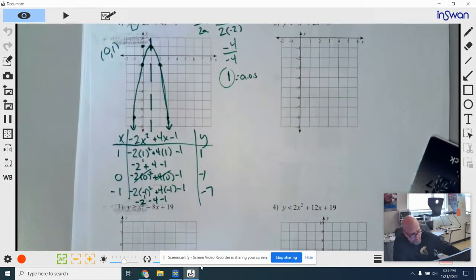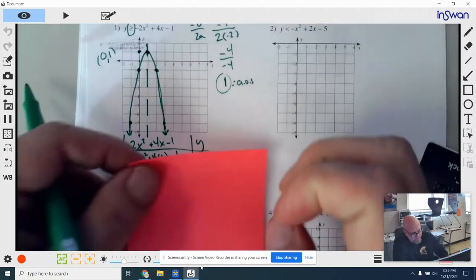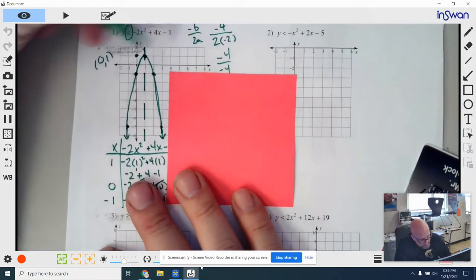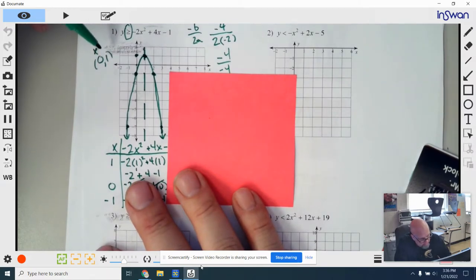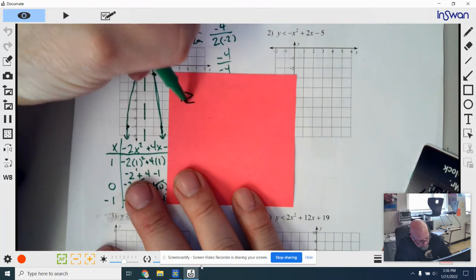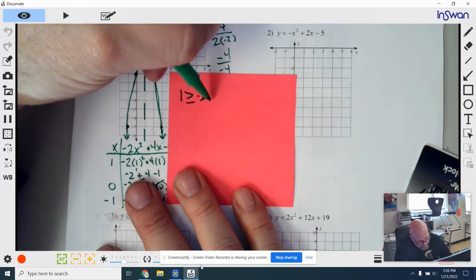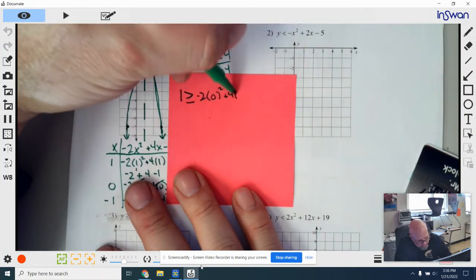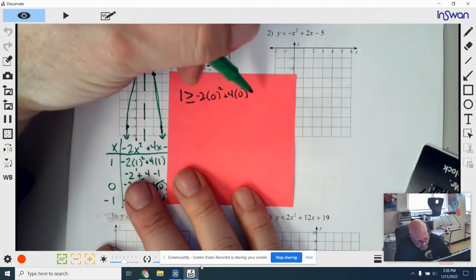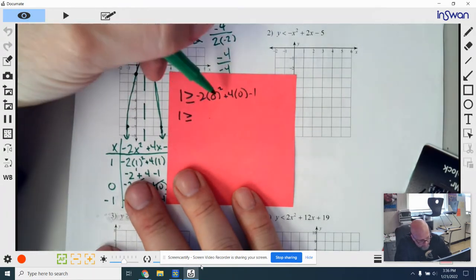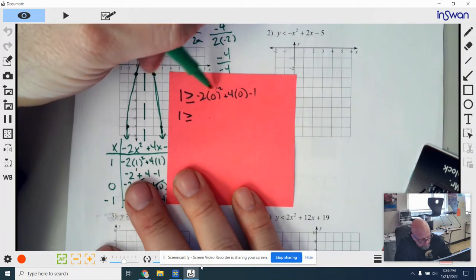All right, so I'll put my work over here on a Post-it note just because I am running out of space. So my x and my y. So my y value is 1, is greater than or equal to negative 2 times x, and x we're saying is 0, squared plus 4 times 0 minus 1. Okay, so 1 is greater than or equal to. 0 squared is 0 times negative 2.